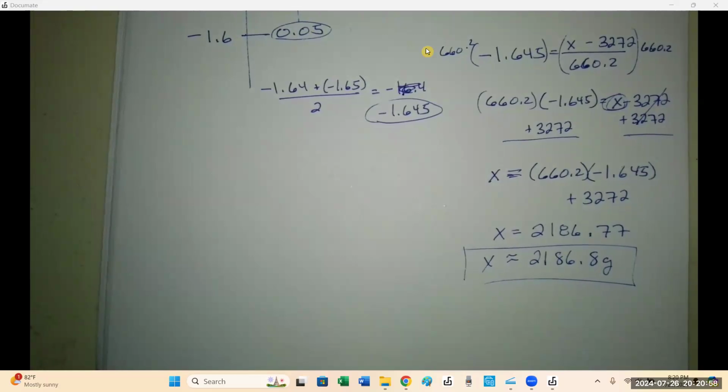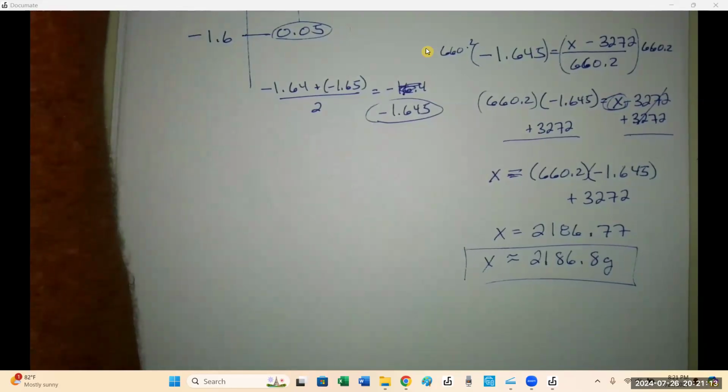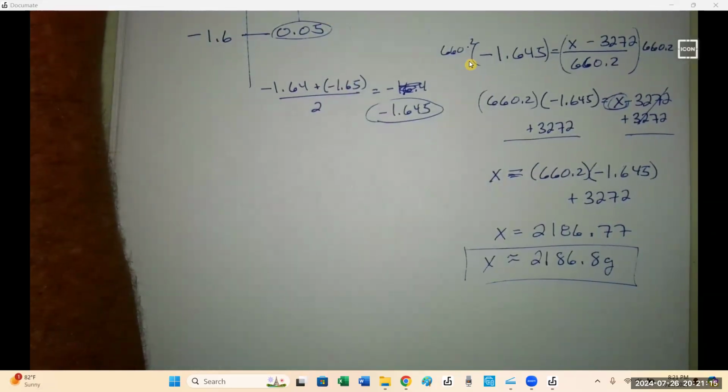So that's the probability of the birth being less than 2186. All right, and that's it. Well, everybody, thank you very much.